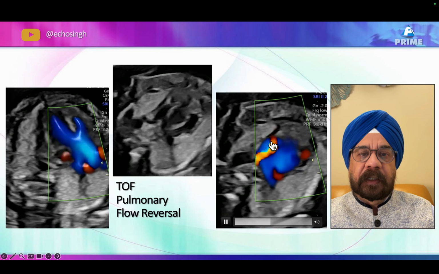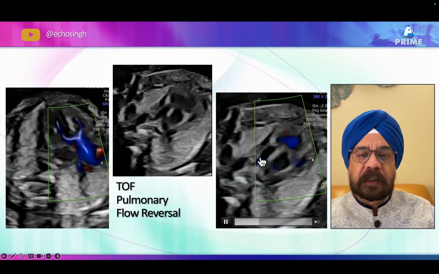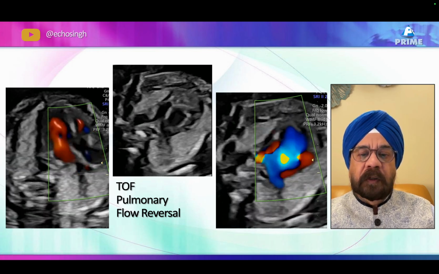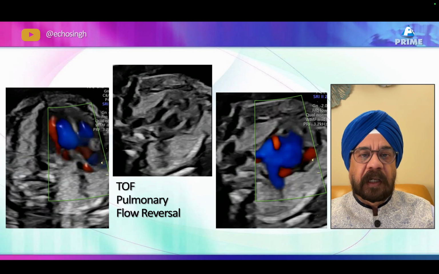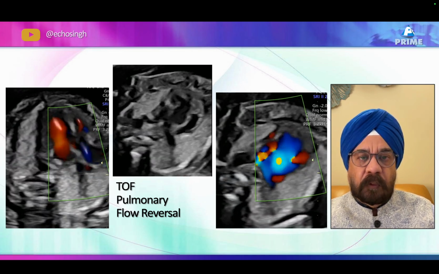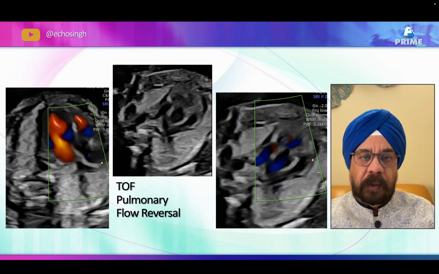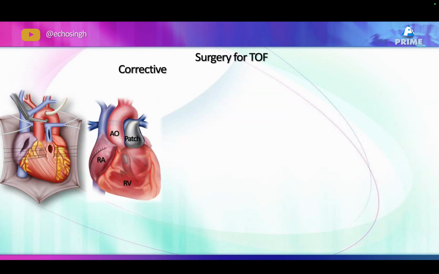The red color indicates that the blood is moving this side, and that is coming from the ductus. So there is a ductal reversal of flow and some antegrade flow, right? So this is somewhere in the middle, but still because the flow is coming from the ductus, it's highly likely that this child, when born, can have a problem which could be duct dependent.